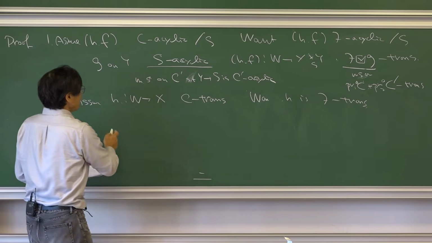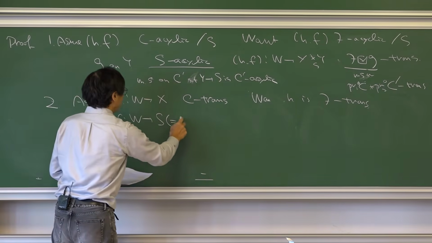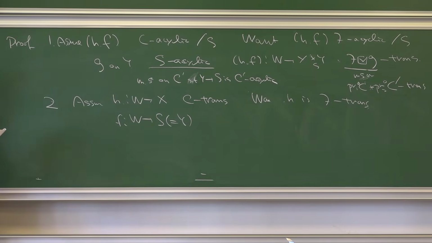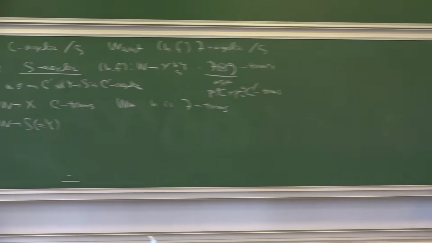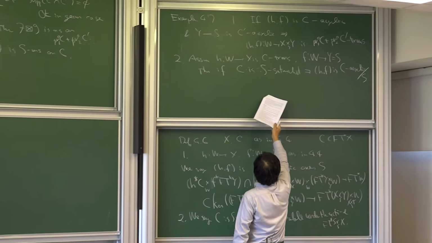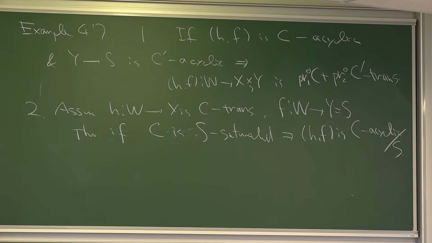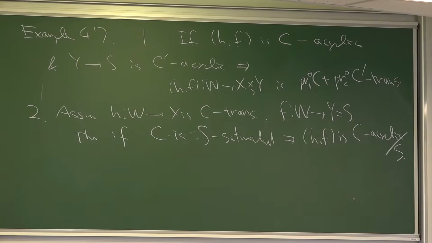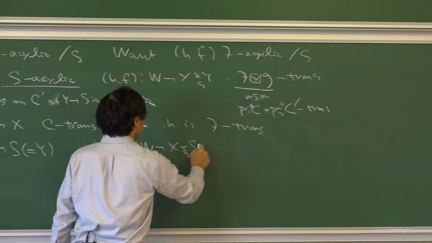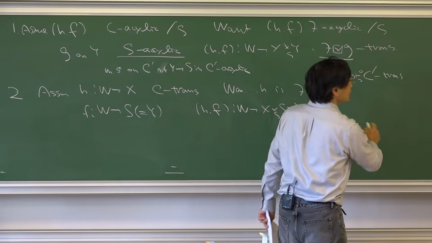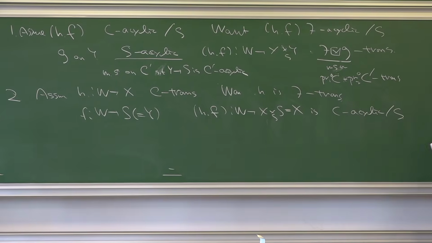Okay, so in this case, we take F to be the structure sheaf on smooth S. Then by this and the assumption that C is S-saturated, then hF, this pair, is C-acyclic over S.